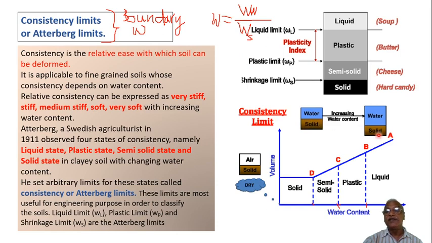You can see this brown color. Weight of solids all along this discussion will remain the same. What is changing is the weight of water. Here it is quite large, it is decreasing, and ultimately when it comes over here, the water is completely 0, and then voids are completely filled with air.